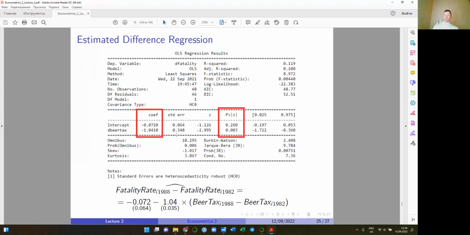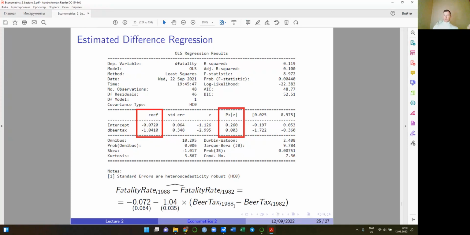Now, once we estimate this model, we obtain the following results. The intercept is nearly 0 and not statistically significant, but we don't care about the intercept. What is more interesting is the estimate of the slope. The slope is now statistically significant at even the 1% level, and the estimate is negative.